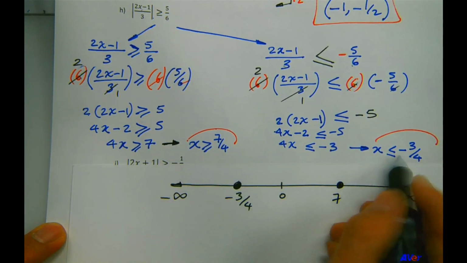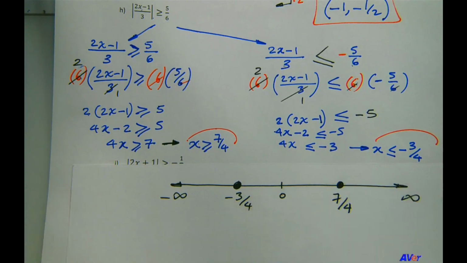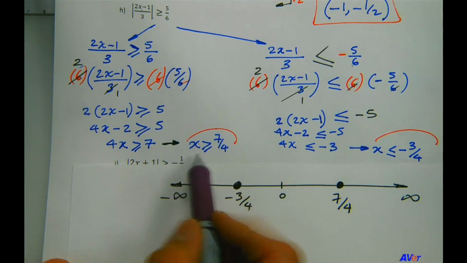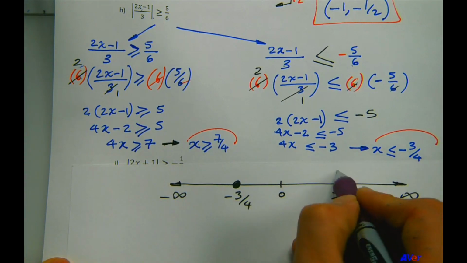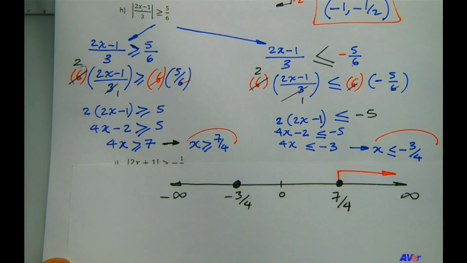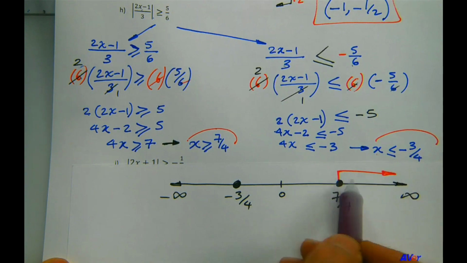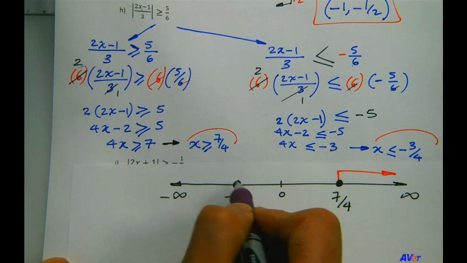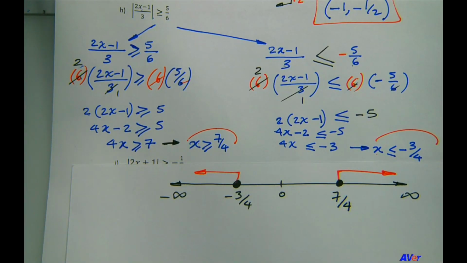So both of these are going to be part of the solution. So let's look at individual answers. X greater than or equal to 7/4, that means the solution must be going that way. X being less than or equal to negative 3/4, so this solution says the solution is this way. Okay? Do they overlap? No, they do not.